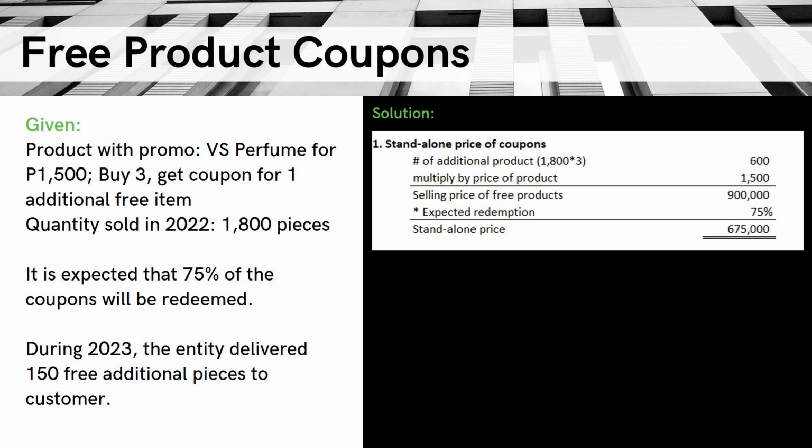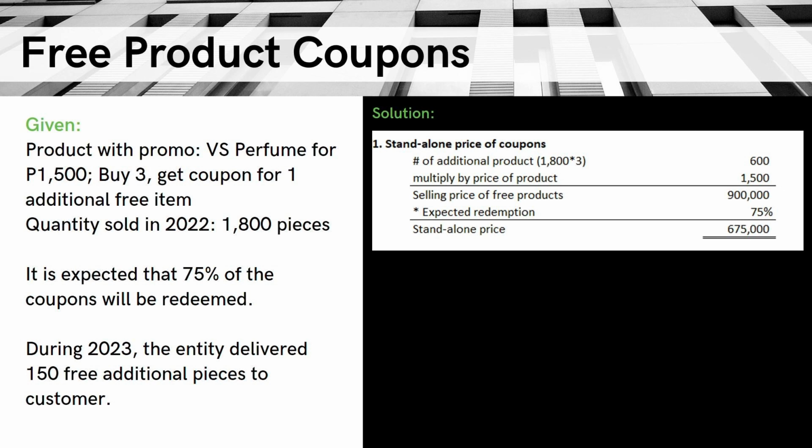I mean, pila ka buok ang expected nimo nga additional nga product or ang free nga mga product. Since ang na-sold nimo is 1,800, buy 3 man. Buy 3, get 1 free. So, 1,800 divided by 3. So, ang expected nimo, ang maximum nga free product is 600.